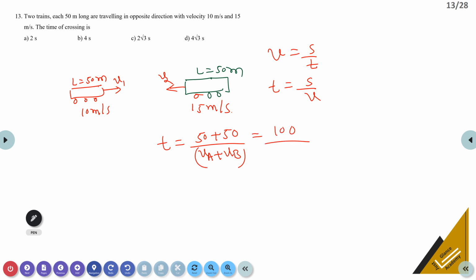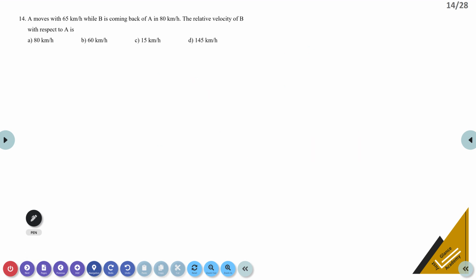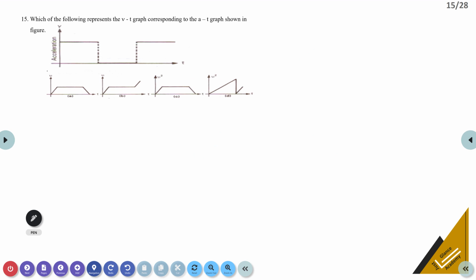Equal to 100 divided by 10 plus 15, that is 25, equal to 4 seconds. Is that 4 seconds? Yes, that's the 4 seconds. That's the right answer. Next.